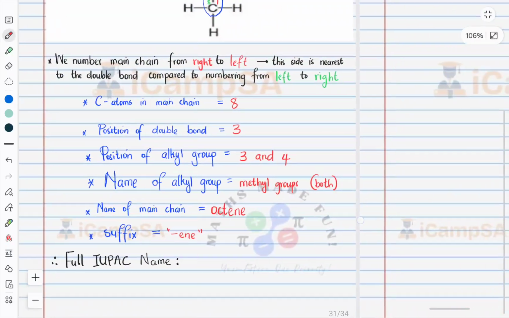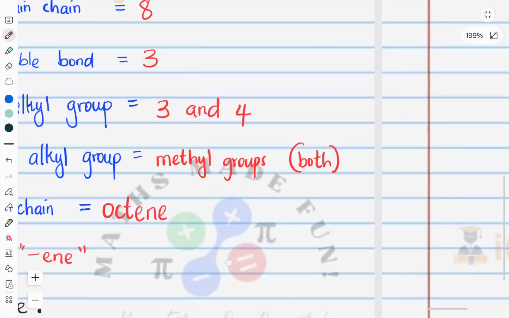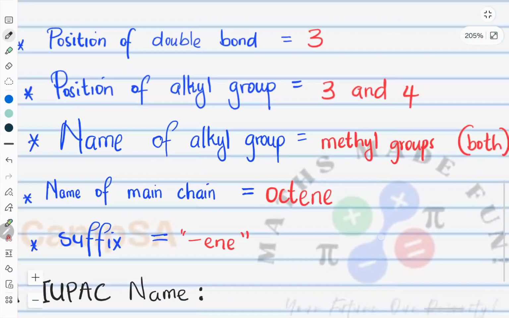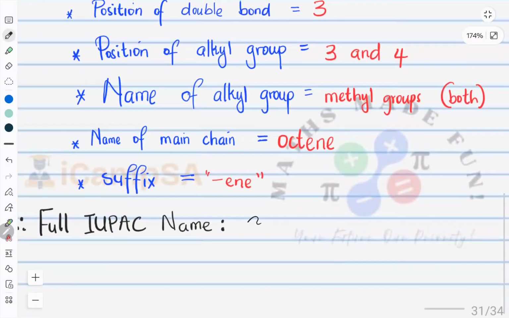So we notice that we have 2 alkyl groups, so we can put them here. We start with the one that appears first. It's on position 3, so there's 3. Now since they are of the same kind, I have to separate their numbers by a comma, 4, right? Then dash.